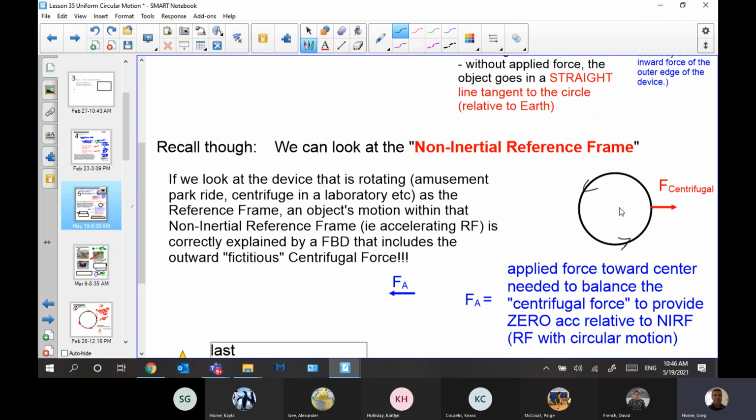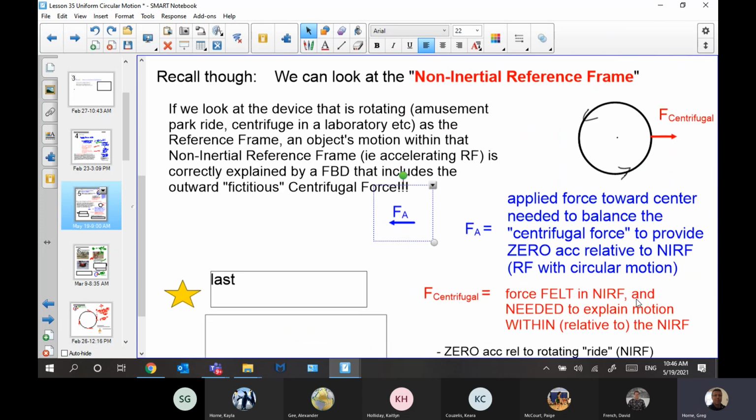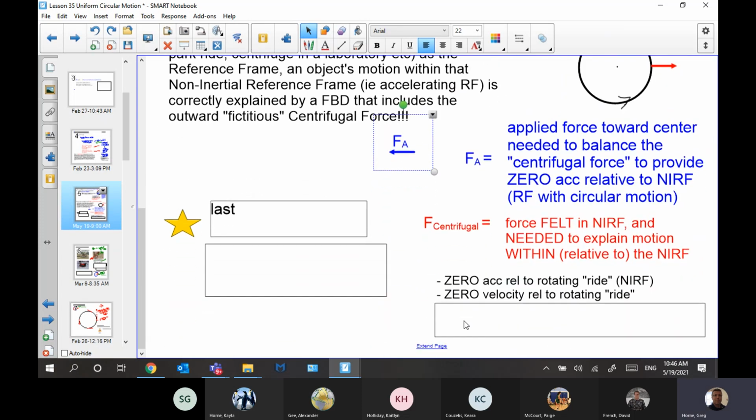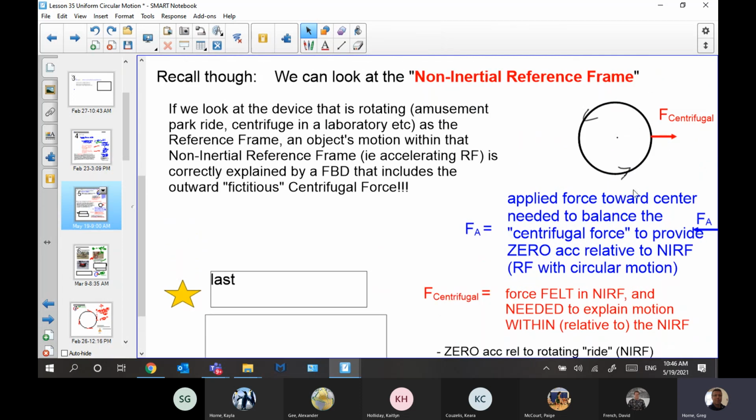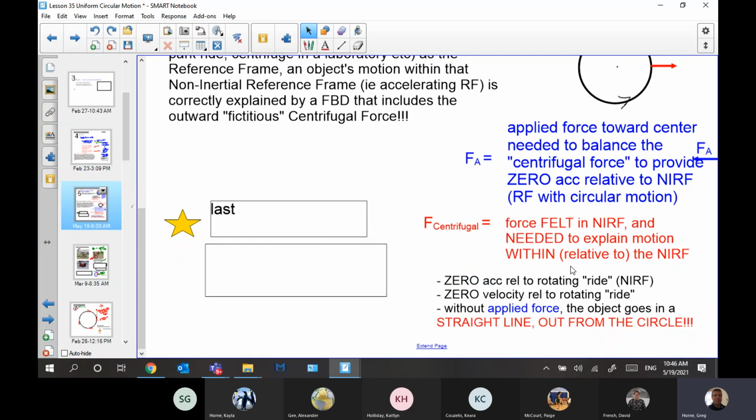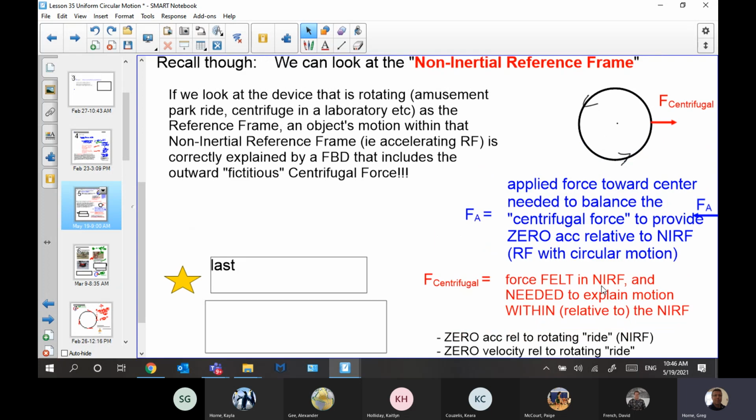And so from the viewpoint of within the circle itself, from the non-inertial reference frame viewpoint, you absolutely would see something go straight out. Okay? Without the applied force, you're visualizing it there now in the circle, right? The object would go in a straight line out from the circle. So it would actually go this way.